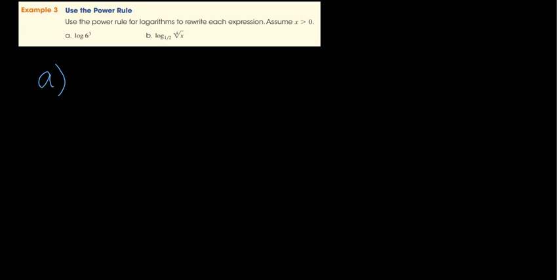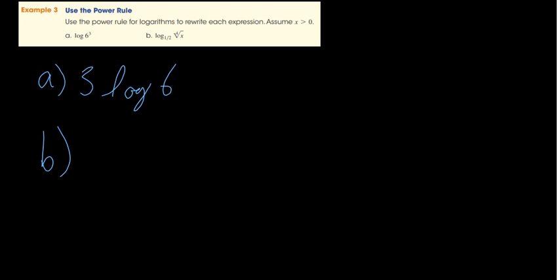We're going to put this exponent right here out in front. So this is going to end up being 3 log of 6. There's nothing more we can really do about that, and we're done.